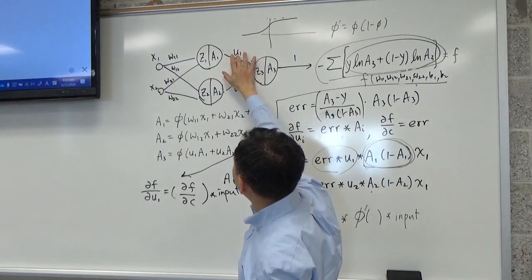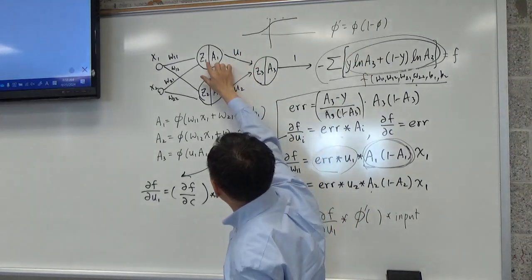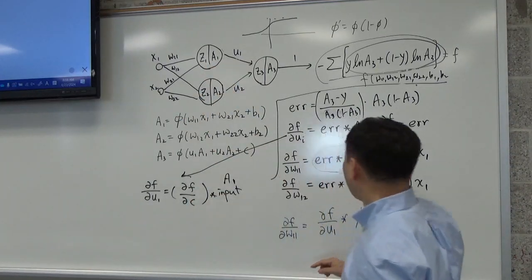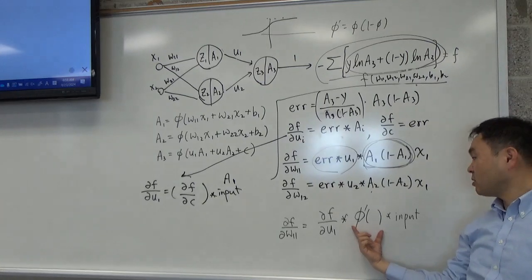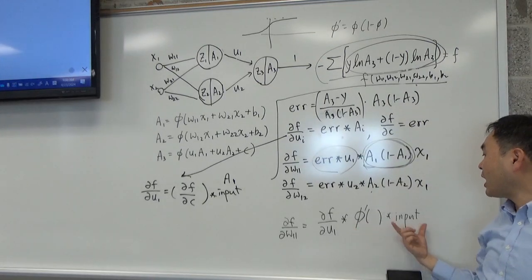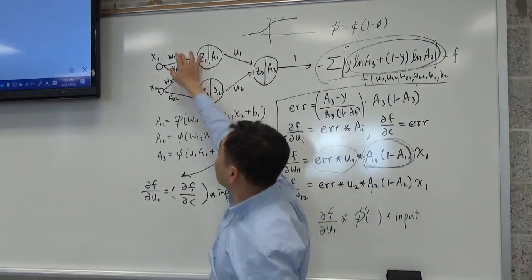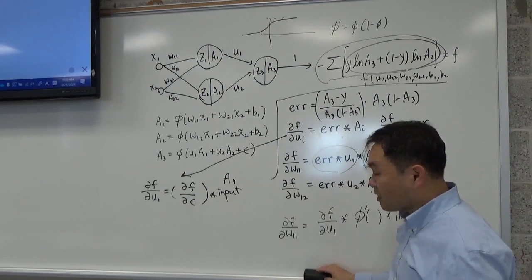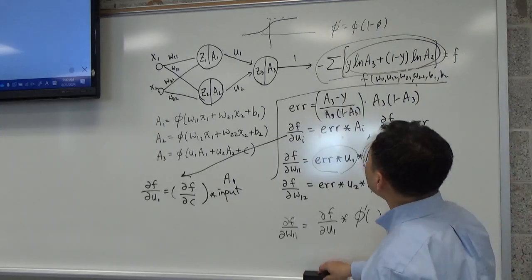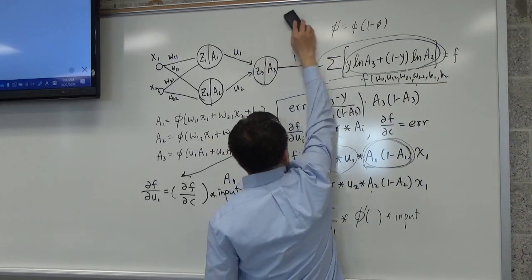So it's this thing, times the rate of change at this node right here, by the activation function, times the input to that weight. That's how it works, okay? And that kind of allows you to be more flexible in writing other types of networks. So for example, what if we used ReLU?